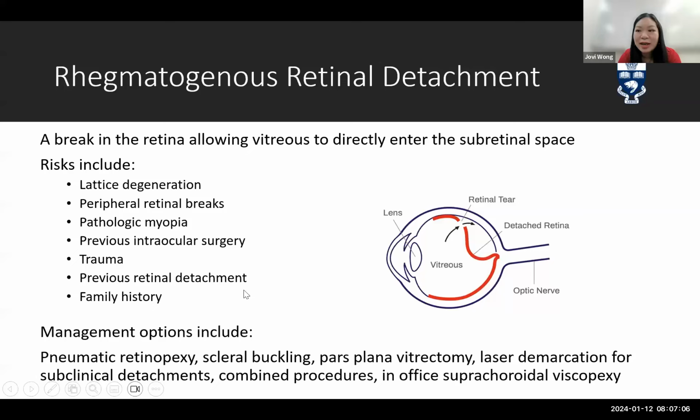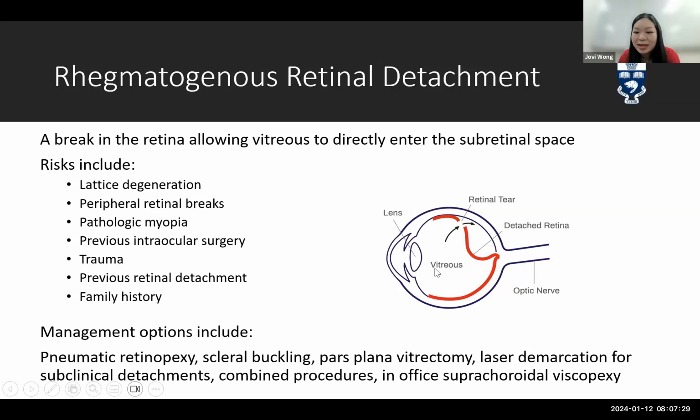Of course, you can have giant retinal tears as a tear on its own, but it's heavily associated with a retinal detachment, in particular rhegmatogenous retinal detachment. So we just want to give a brief refresher on what this includes. This is defined as a break in the retina that allows liquefied vitreous to directly enter the subretinal space.